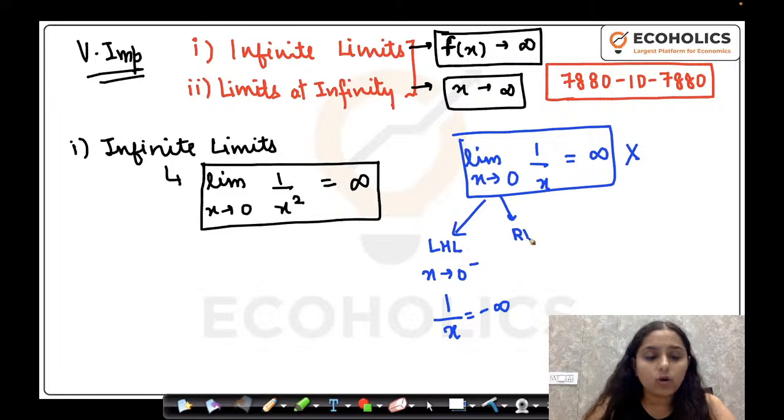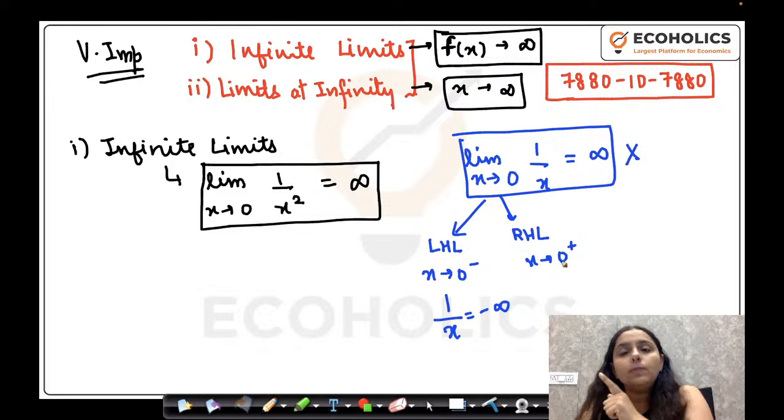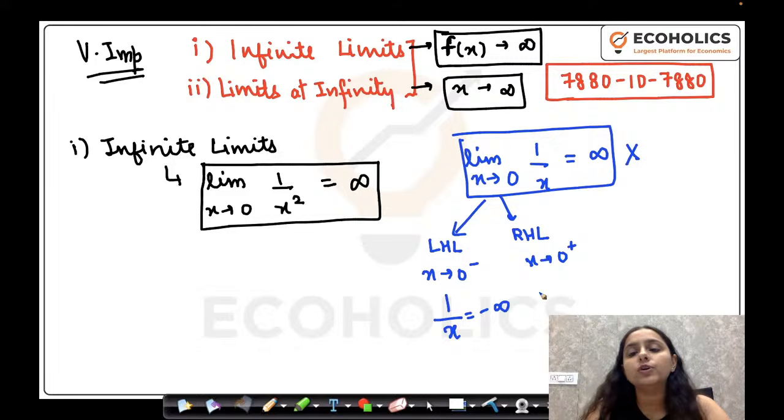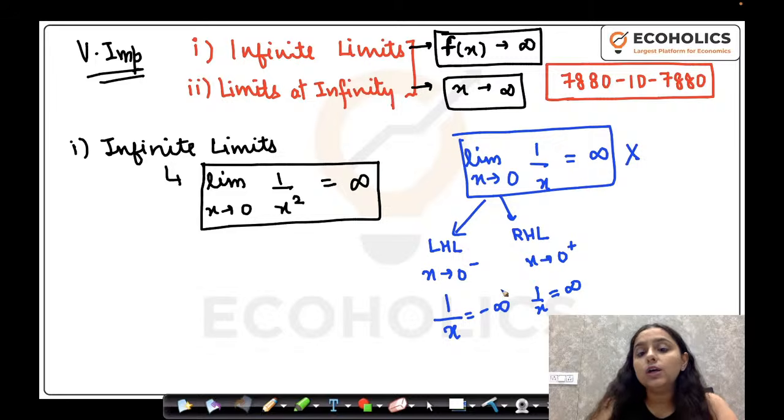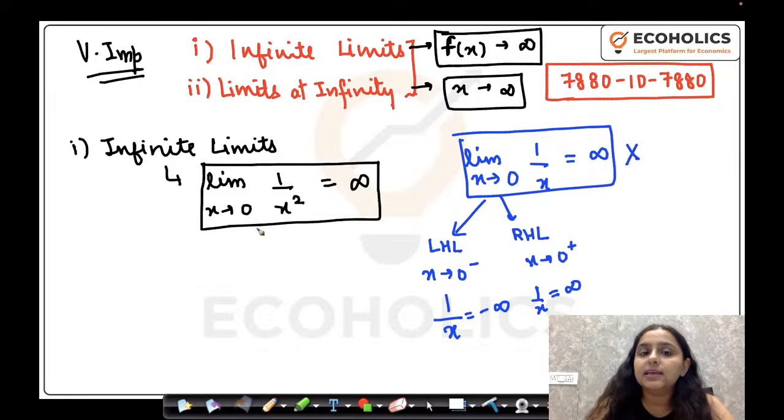And when I talk about right hand side limit, x approaches 0 from the right side, which means numbers will be a little bigger than 0 and hence positive. So इस case में 1 upon x is positive infinity. So because left side is minus infinity, right side is plus infinity, I will say that the limit does not exist.